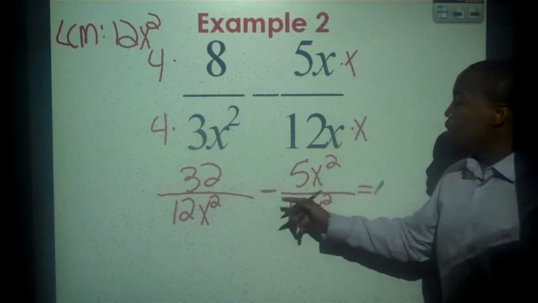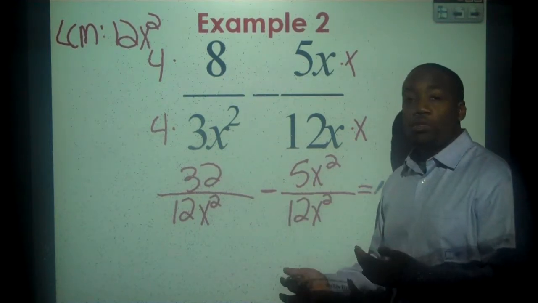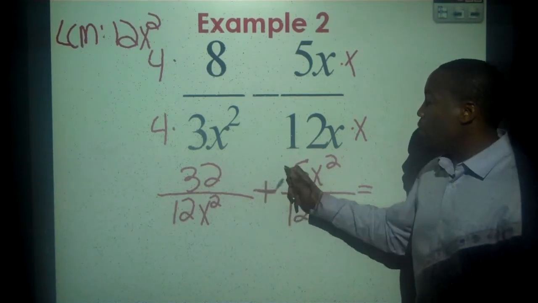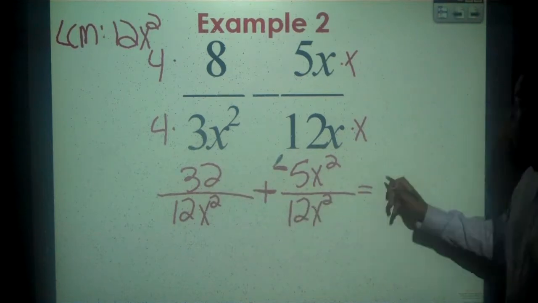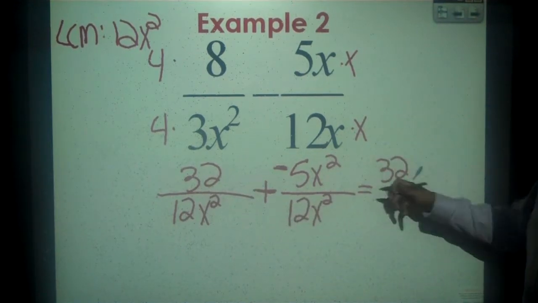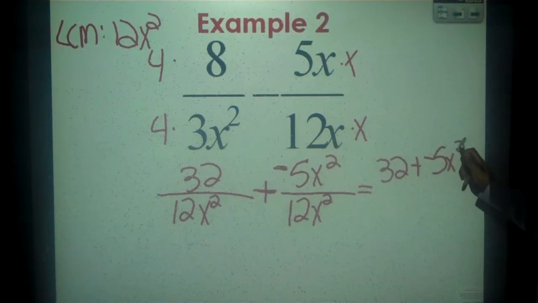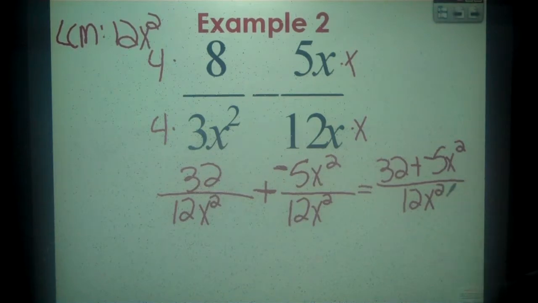So now what we're going to do, we're going to subtract. So when I subtract, going back to add, subtract, and polynomials we did before, we change this to a positive and we make this a negative. So now what we have here is 32 minus or plus negative 5x squared over 12x squared.